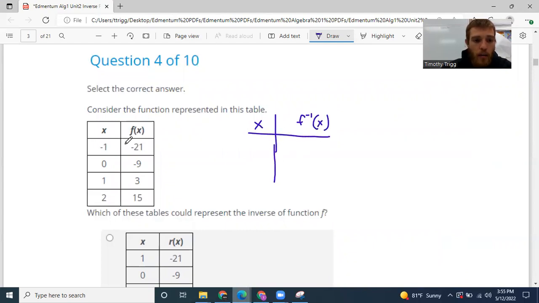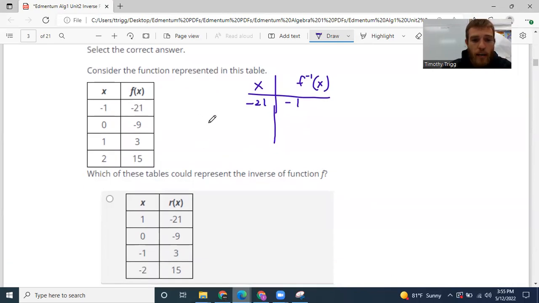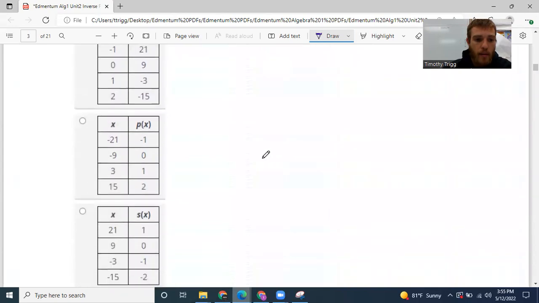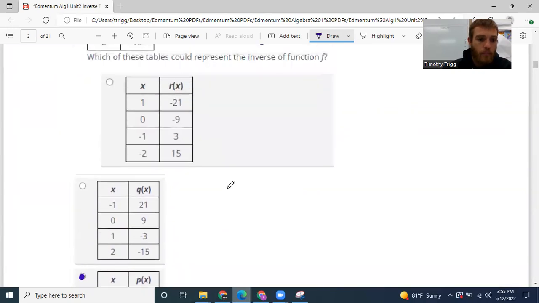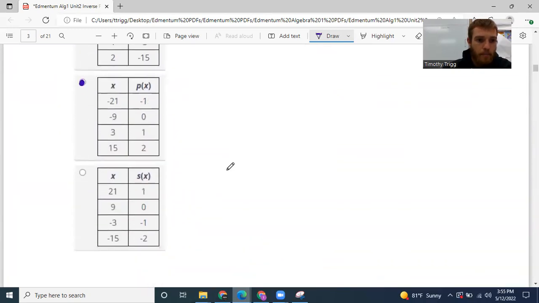So here, -1, -21 becomes -21, -1. 0, -9 becomes -9, 0. 1, 3 becomes 3, 1. And 2, 15 becomes 15, 2. So the inverse function will contain these coordinate points. So that's this one. Yep, easy.